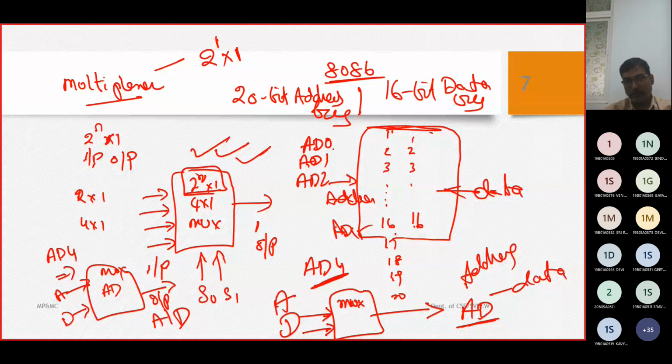I am starting with 0, therefore 1 is reduced and it is going to be 15. 16 bits are there, and 16 bits means I am counting from 1 to 16.